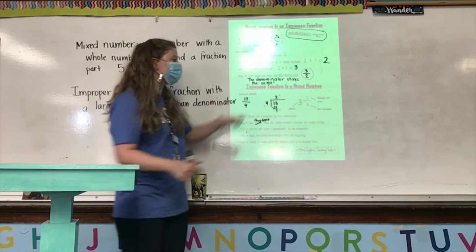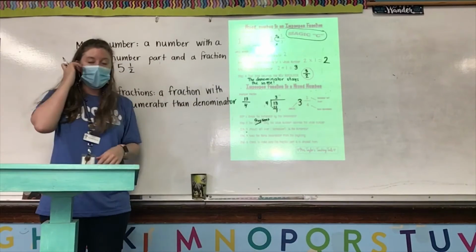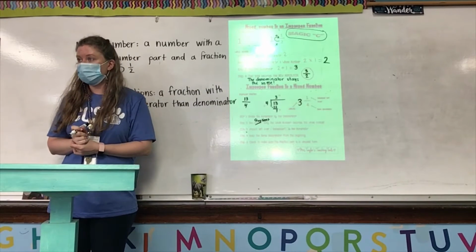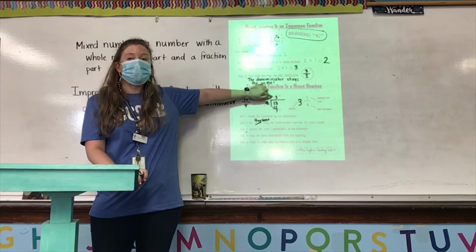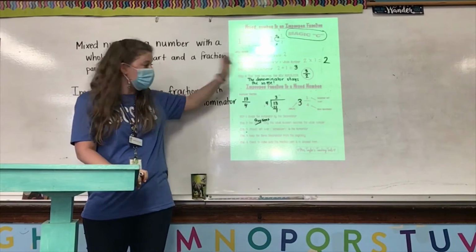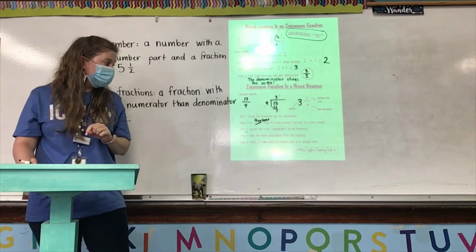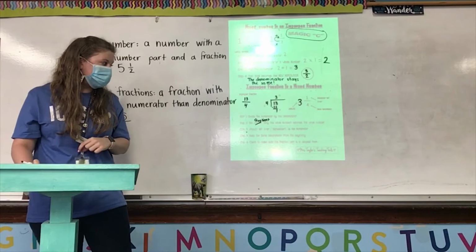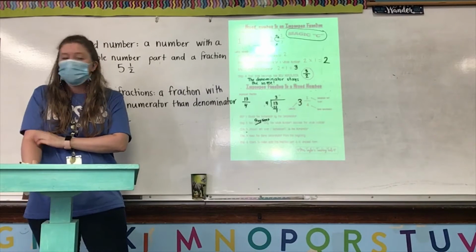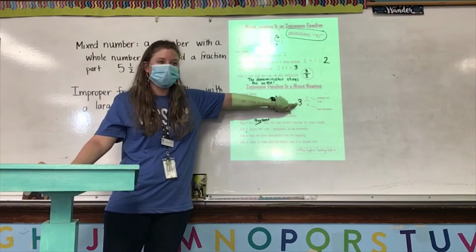So whatever your quotient is is now the whole number part of your mixed number. Whatever's on top of your bracket, without the remainder, becomes your whole number. Remember, quotient is spelled Q-U-O-T-I-E-N-T.